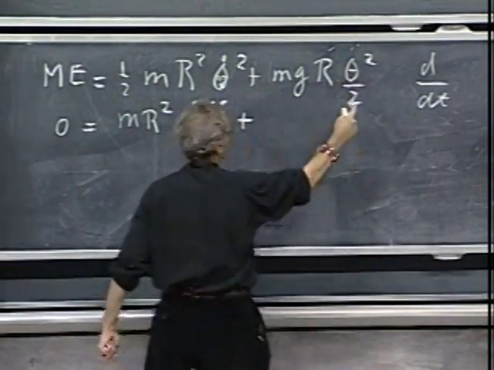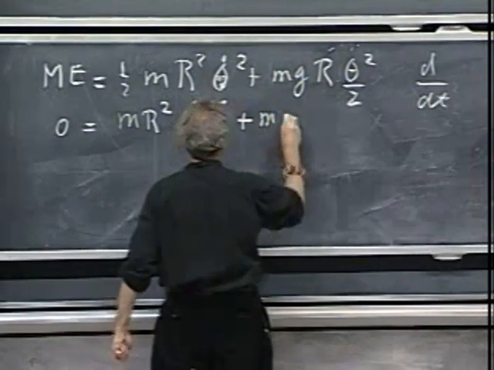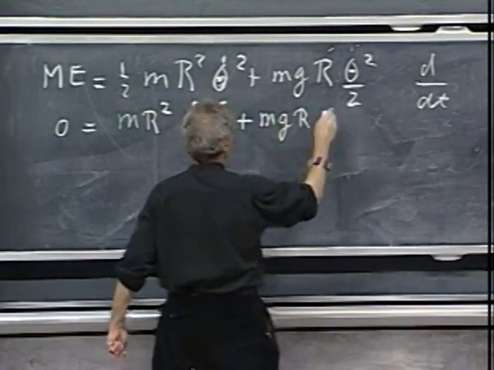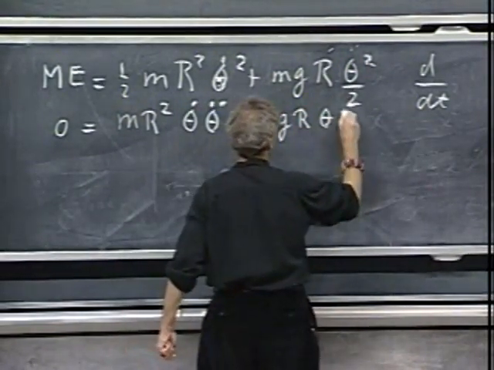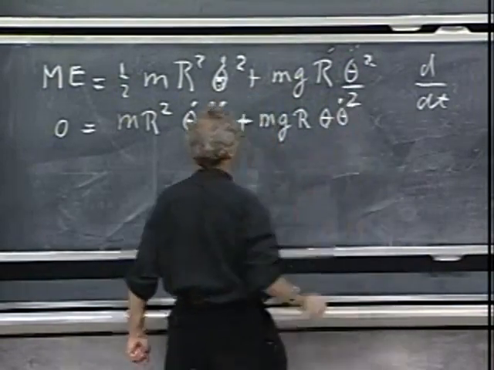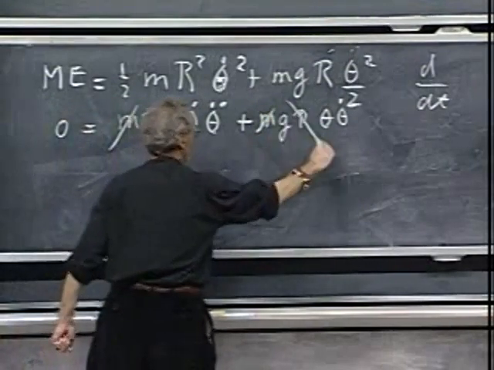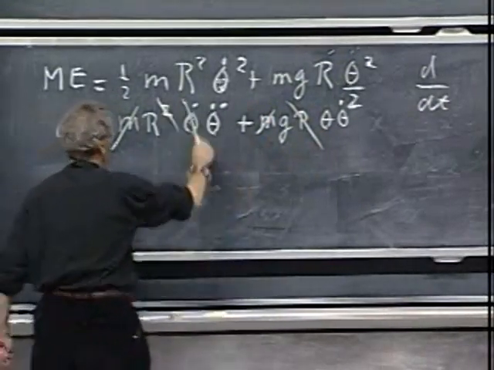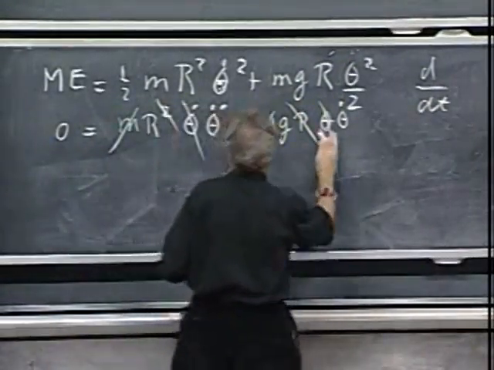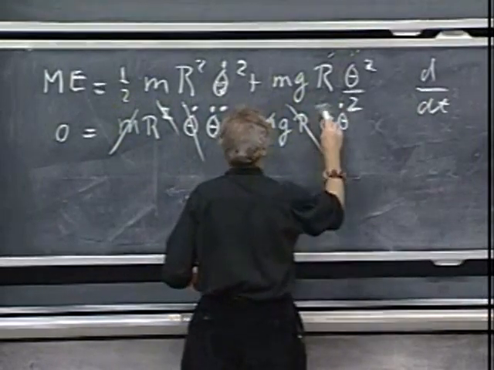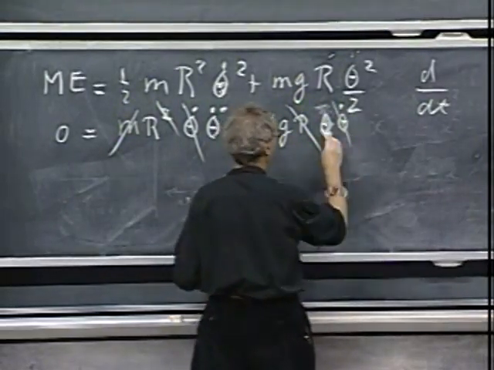The 2 flips out, which eats up this 2. So I get mgr, and then I get a theta, but the chain rule gives me a theta dot. I lose my m. I lose 1r. I lose my theta dot. I picked the wrong one. I lose my theta dot, not the theta.